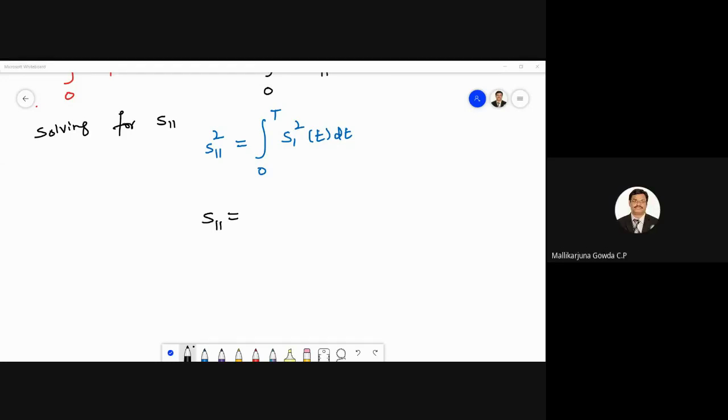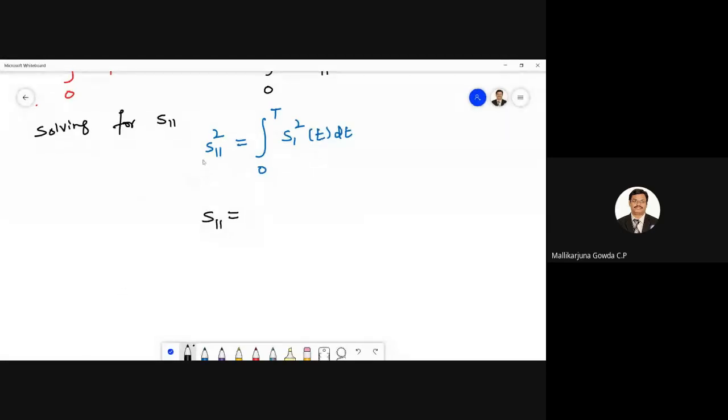Can you say what I can write for S11? Already your friend has told that S square 11 will be integral 0 to T of S1 square of t dt. What is S11? Taking square root on both sides, I can write S11 is equal to the square root of integral 0 to T of S1 square of t dt.